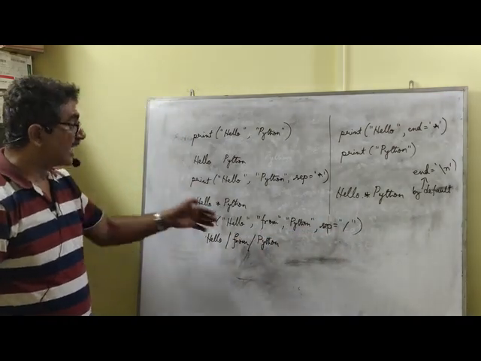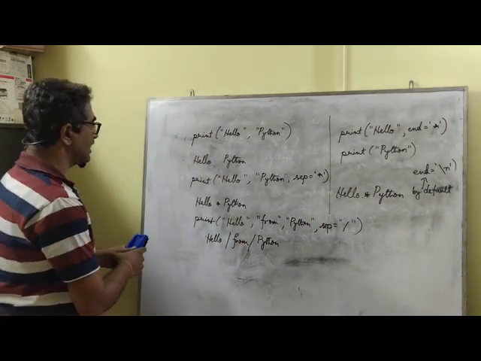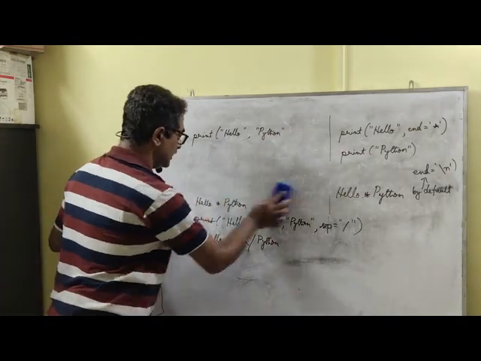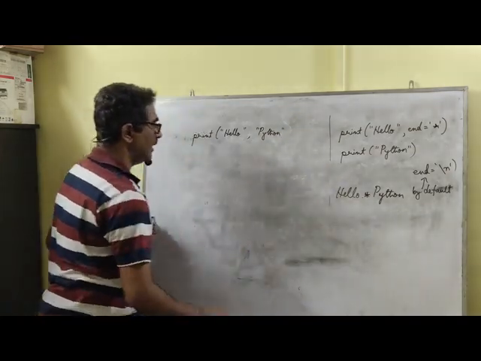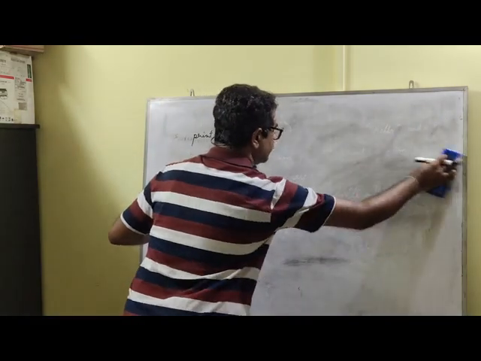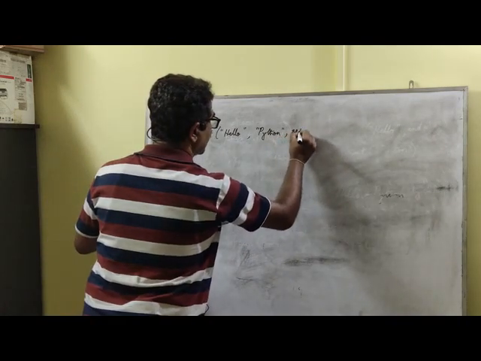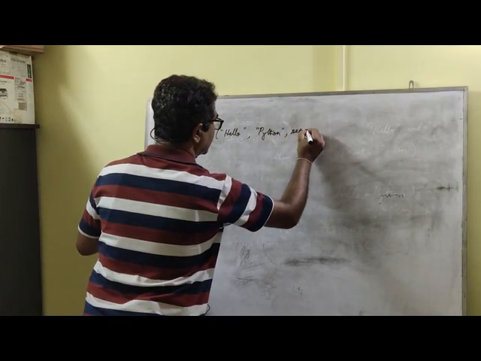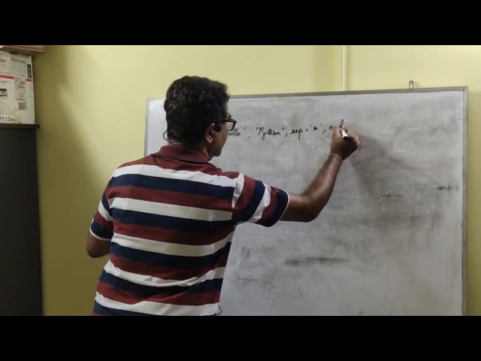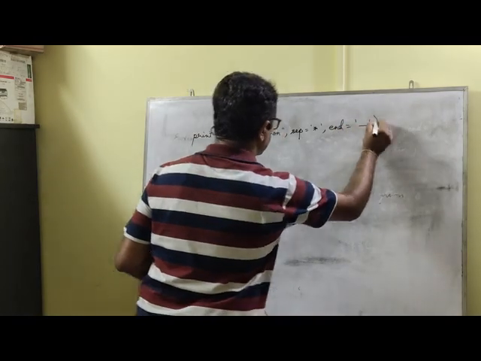Now I can even combine these two, that is both sep as well as end. So out here I can write hello Python, and separator is, say, star, followed by end, and ending will be, say, minus.